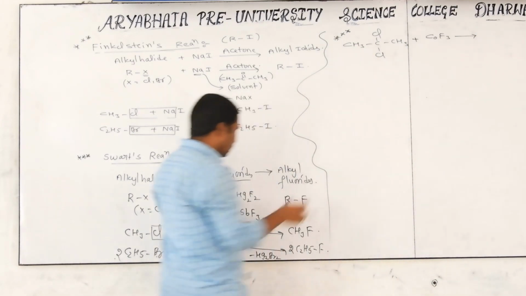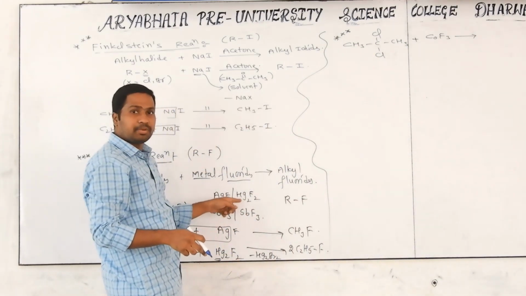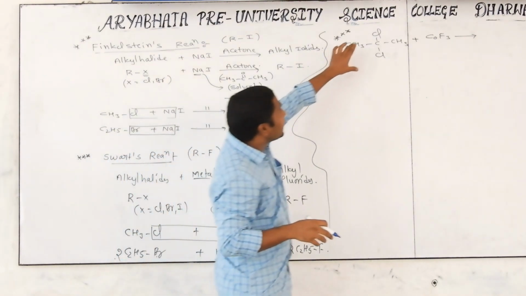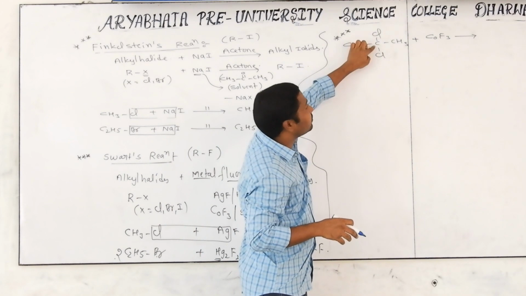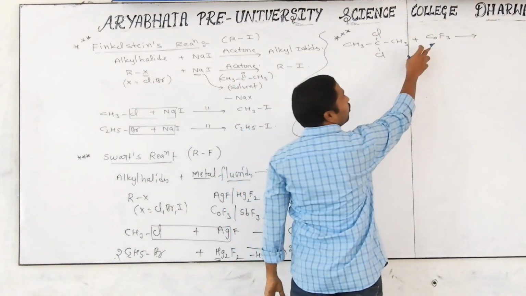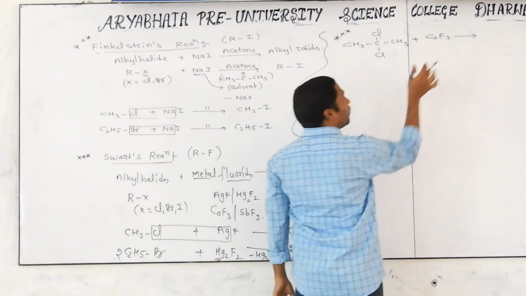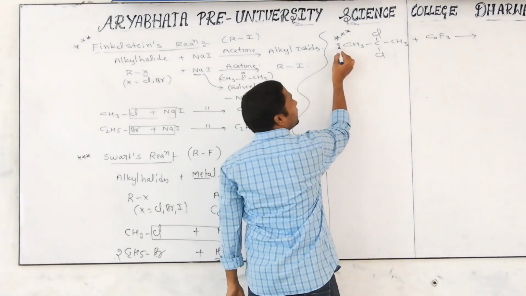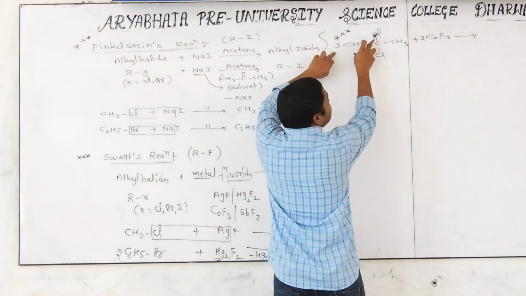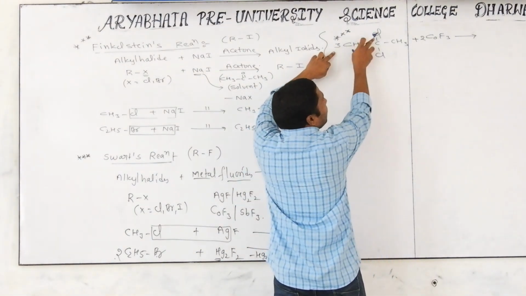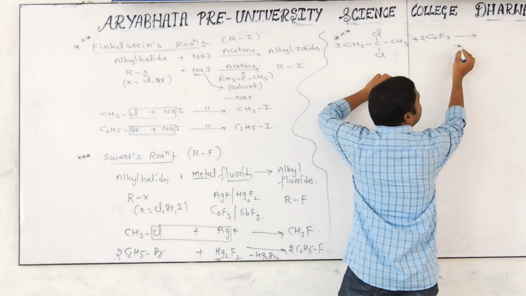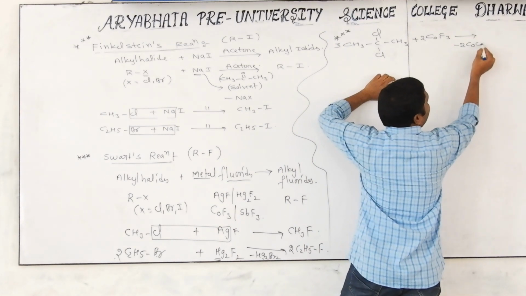But this reaction will not be possible with the first two chemicals, because they are relatively less reactive. Our work here is to replace the two halogens from the same carbon at a time, so we have to use a powerful reagent, cobalt fluoride or sodium fluoride. You can take 3 moles of the compound and 2 moles of CoF3. Each molecule has 2 chlorines, so 3 molecules have 6 chlorines. The 6 chlorines combine with the 2 cobalt, becoming 2 moles of cobalt chloride.